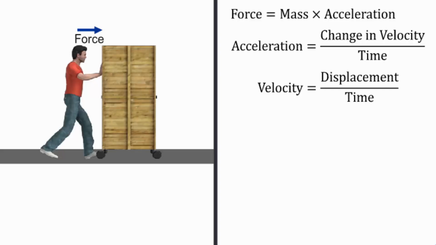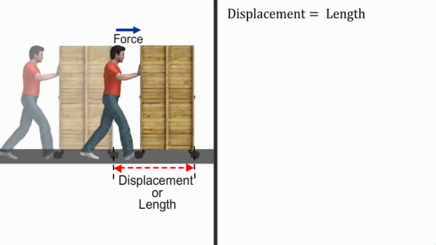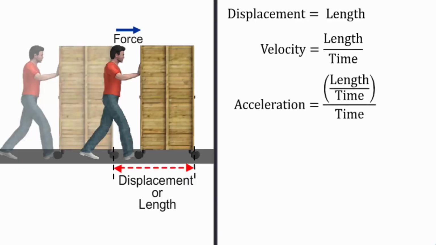Displacement, in basic terms, is length. Thus, velocity can be expressed as the ratio of length to time. Using the same logic, we can write acceleration as length by time divided by time.